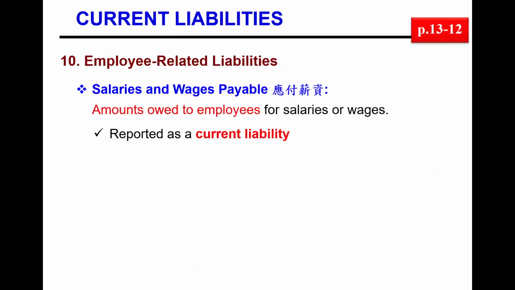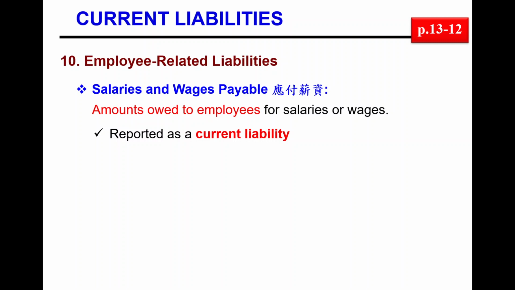Okay, then let's go to the last one. This one should be new for you guys. Okay, so the last current liability we want to mention is employee-related liabilities. So this kind of liability is about your employees.